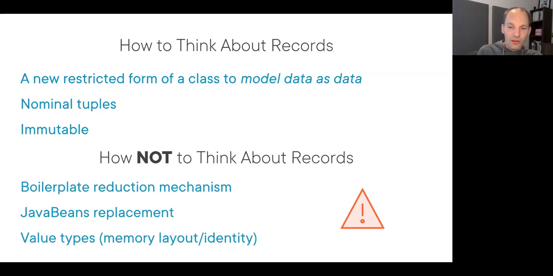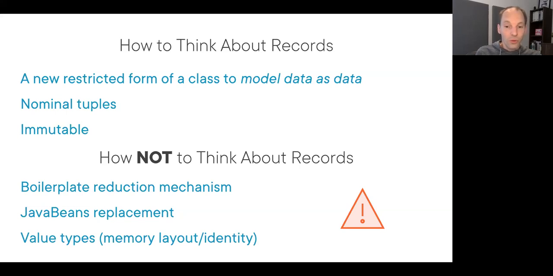It's also good to think a little bit about what records are not and how they're not designed. It is not in principle designed as a generic boilerplate reduction mechanism that should be able to replace any sort of data class that you have in your code with a record. It will only be able to be applied if it fits into the limitations that we talked about. It is also not designed or meant to replace Java beans, you know, the getters and the setters.